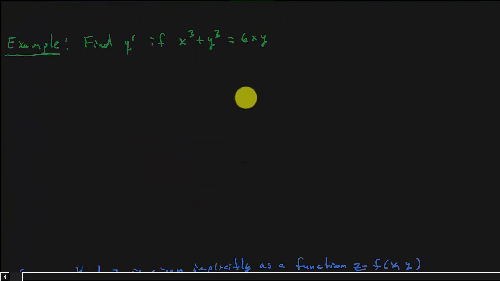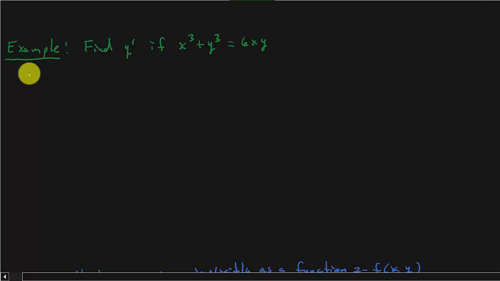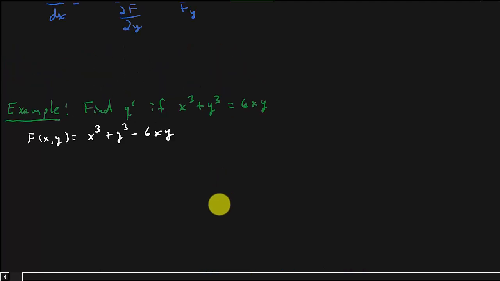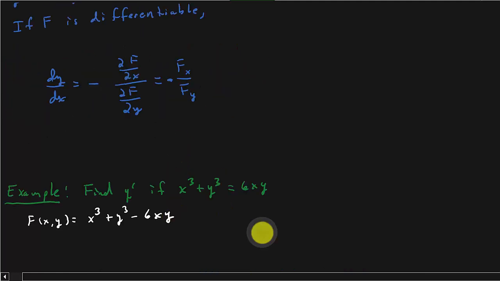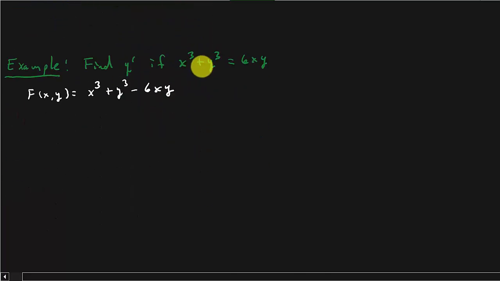So what we have here is capital F of x, y is equal to x cubed plus y cubed minus 6xy. So I'm just moving the 6xy to the other side. And then what does our formula tell us to do? We want the partial with respect to x and the partial with respect to y. We need to find both of those.